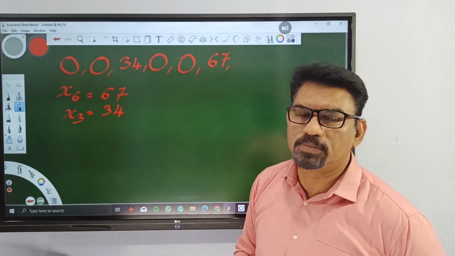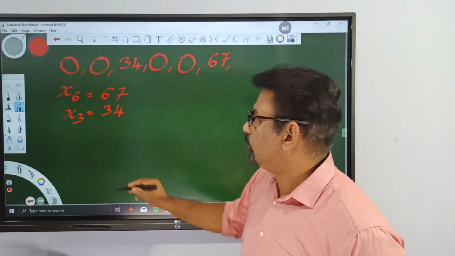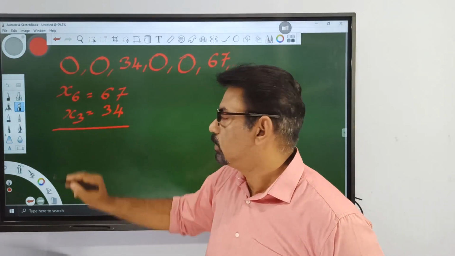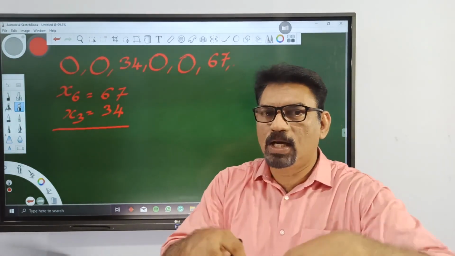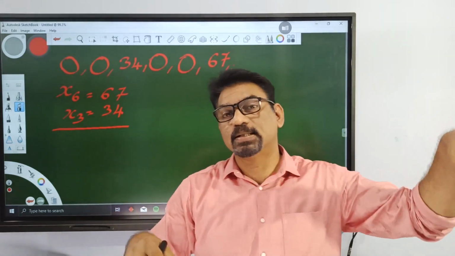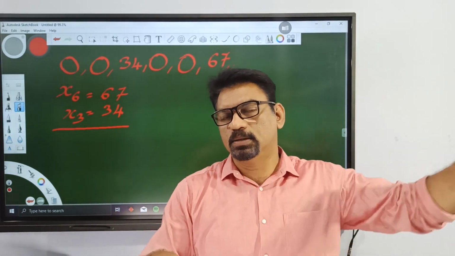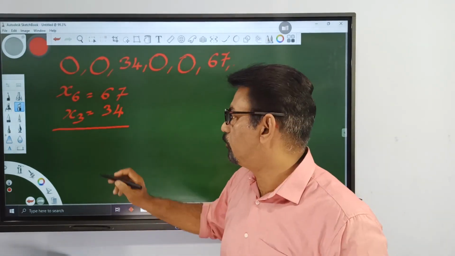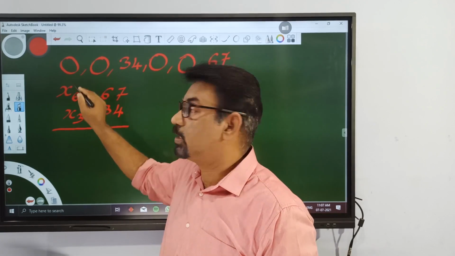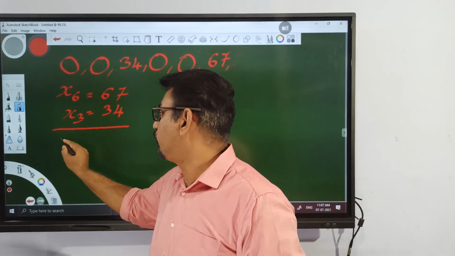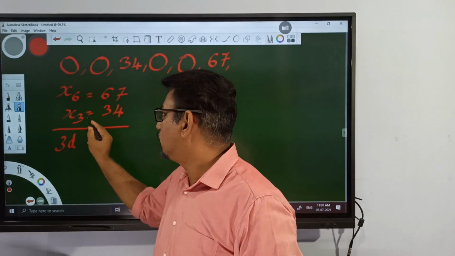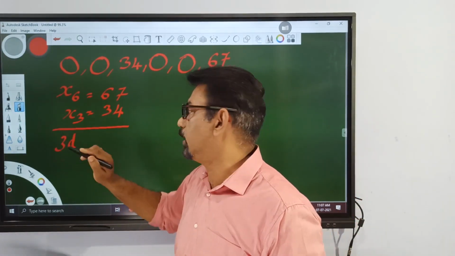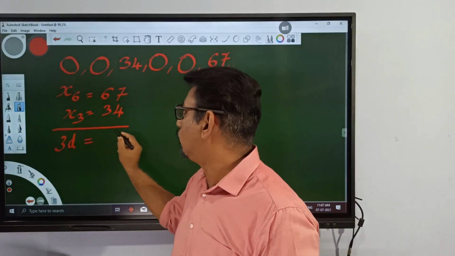These are the given terms, and we know the difference between these positions, from 3 to 6, is 3. There are 3 differences between the sixth term and the third term. Therefore, to reach the sixth term, we have to add 3 common differences to x3. That 3 is the difference of positions, so it is equal to the term difference.